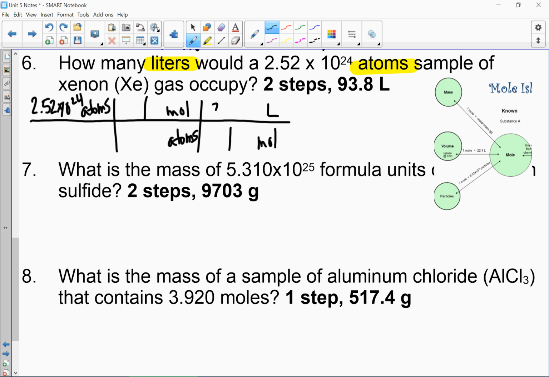Always one with the mole, 22.4 liters. And atoms uses Avogadro's number. So be careful how you put this in your calculator. Times on the top, divide down. Make sure you're using your E for this question or you're going to get the wrong answer. Don't break the oath.